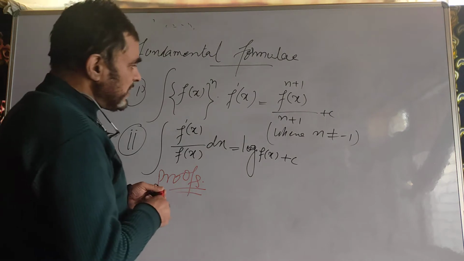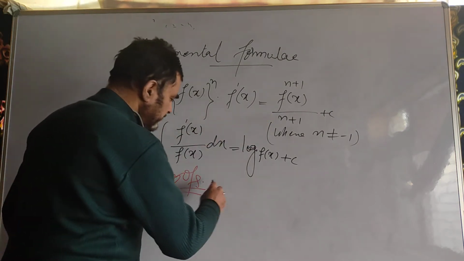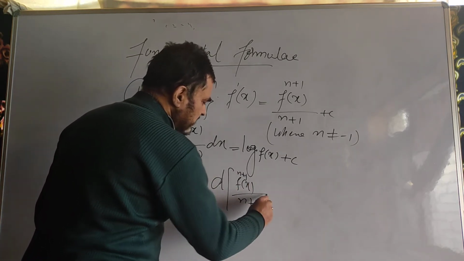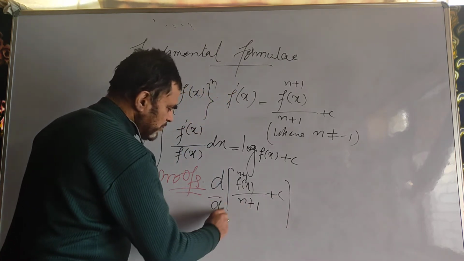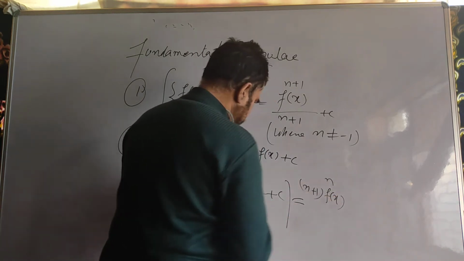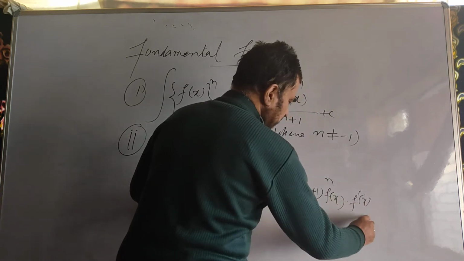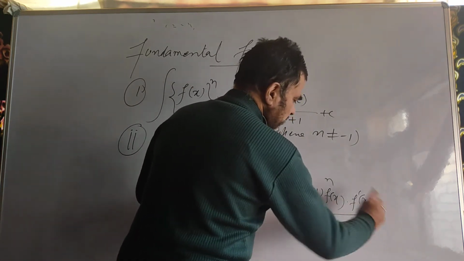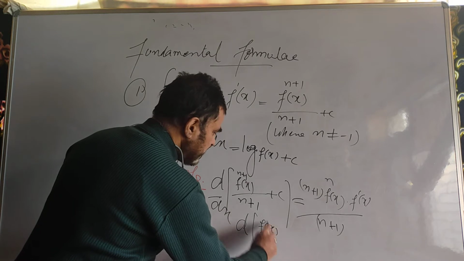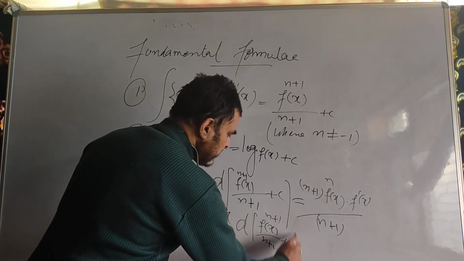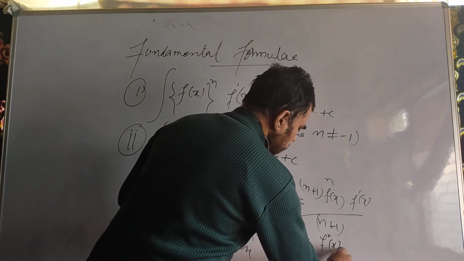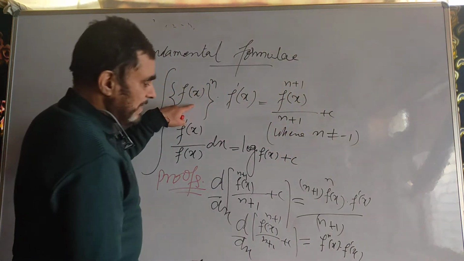If you go to the proofs, we know that the derivative of f(x) raised to power n plus 1 by n plus 1, plus the constant, with respect to x, comes out to be n plus 1 into f(x) raised to power n, into the internal derivative f dash x, by n plus 1, and the derivative of the constant is 0. So this comes out to be only f(x) raised to power n into f dash x.